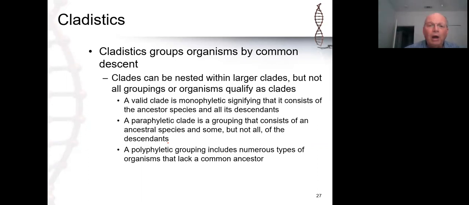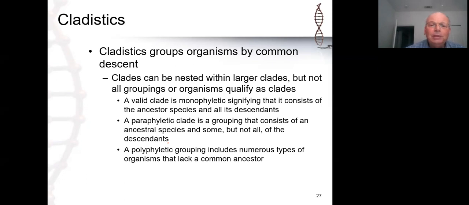The reason why is because the groups are referred to as clades. A clade is a group of organisms that are grouped together on the basis of shared common ancestry. The gold standard here is a monophyletic clade that actually meets that definition.